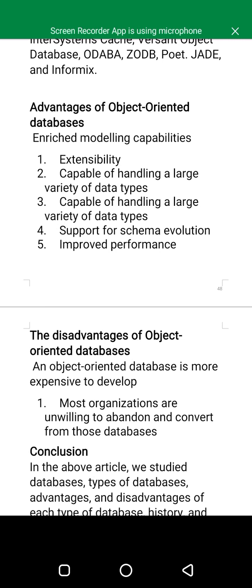When you talk about data types, we're talking about images, music, videos, numbers, letters, etc. Number 4 is support for schema evolution. And number 5 is improved performance, because object-oriented databases are organized and thus enable easy access of data.